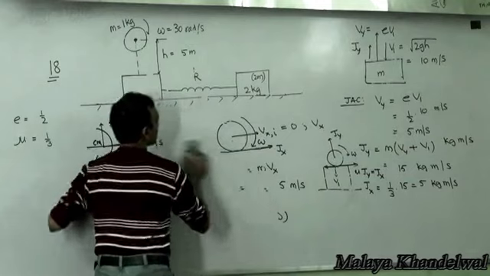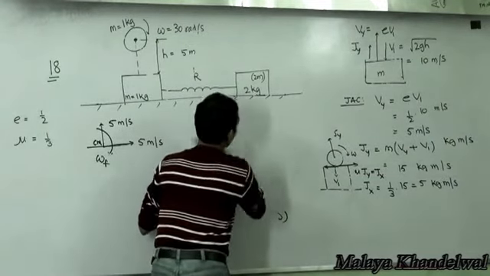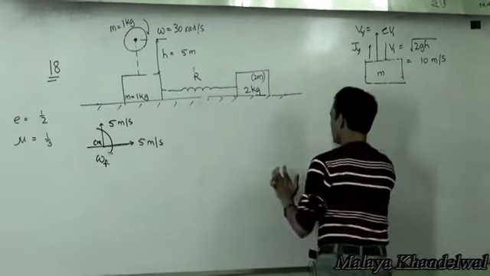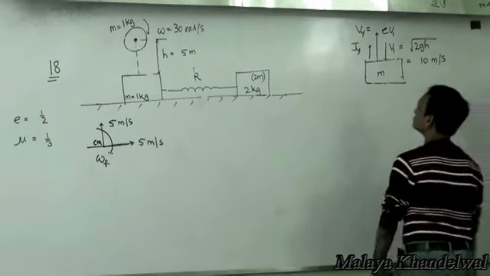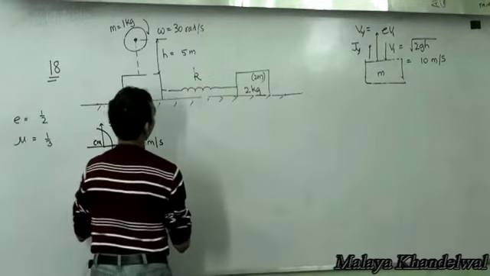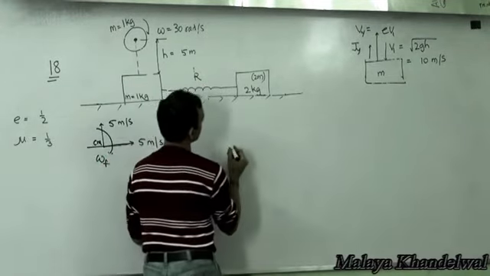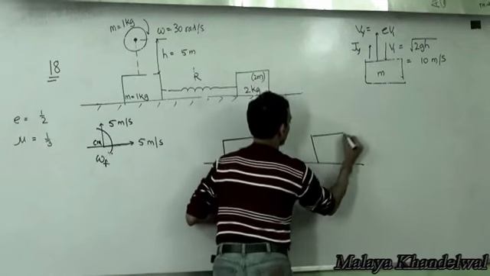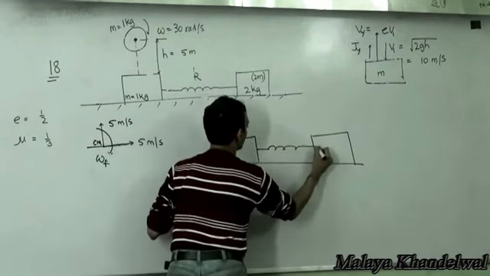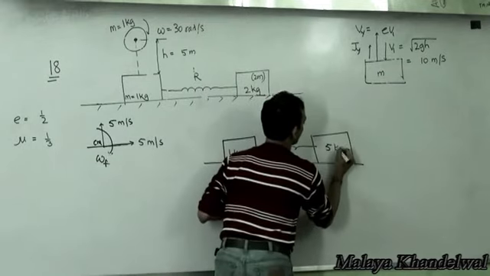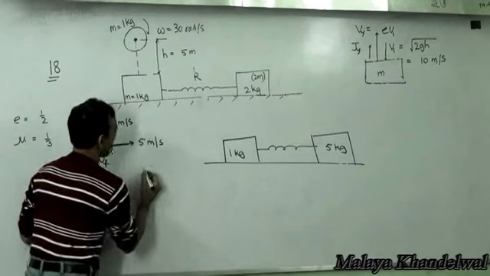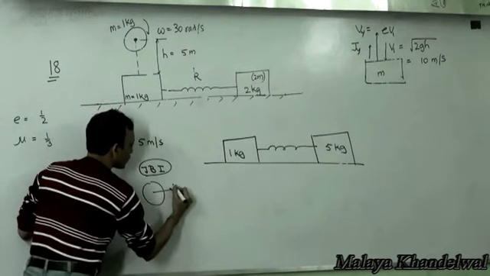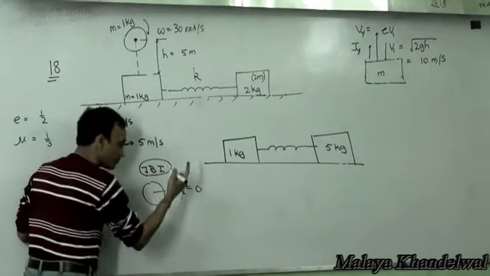Now, let's look at the spring block side of the story. Just before the impact, what was the horizontal velocity of the ball? 0.